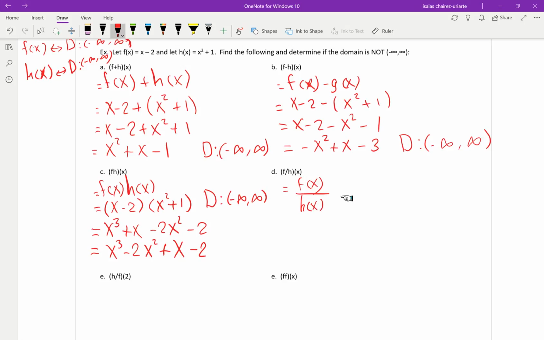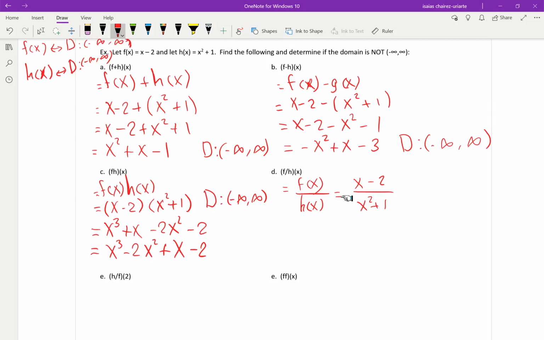Okay, so that's x minus 2, I'm sorry, it's just x minus 2 divided by x squared plus 1.